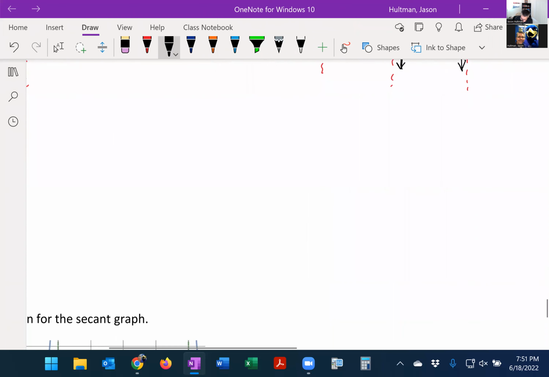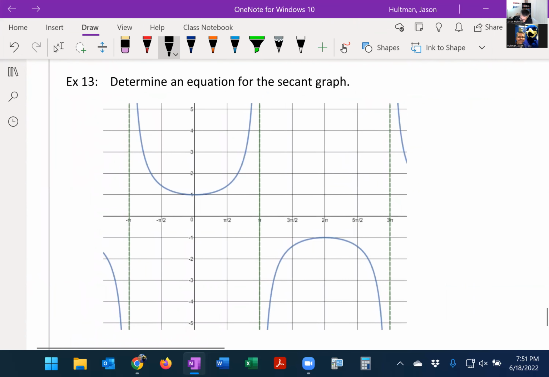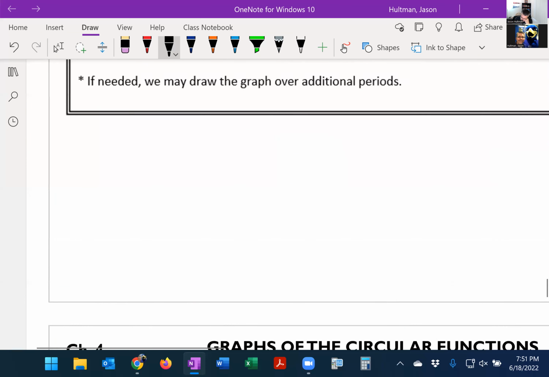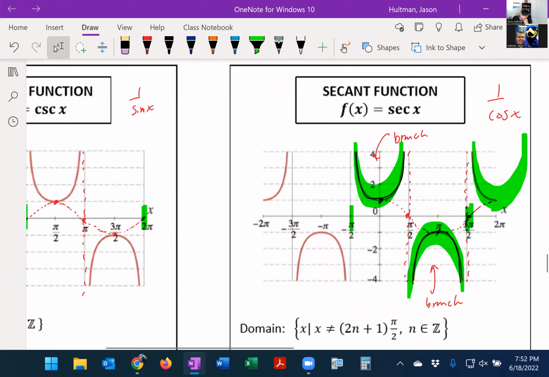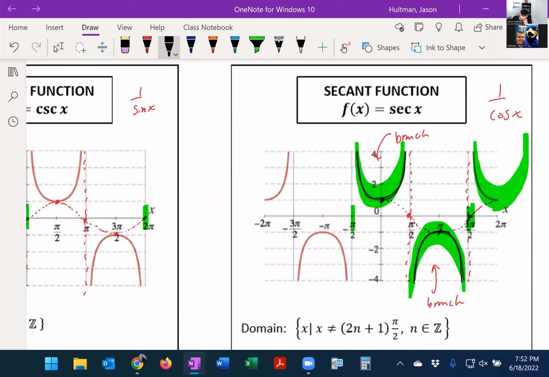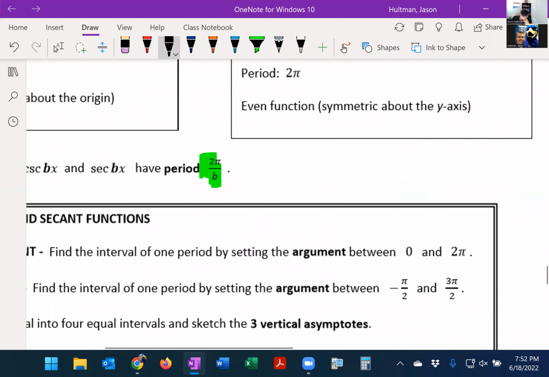Okay, last example here. Determine the equation of the secant graph. So this is a secant graph. What did the original secant graph look like? It's this guy here. It starts at negative pi over 2 and goes to 3 pi over 2, with an up and a down at 1 and negative 1.